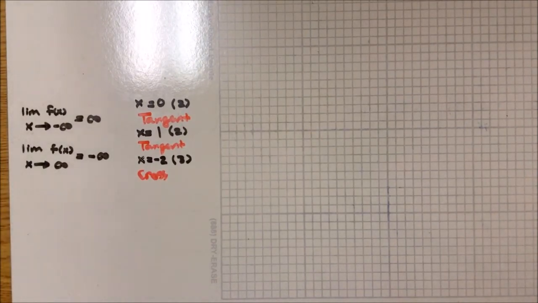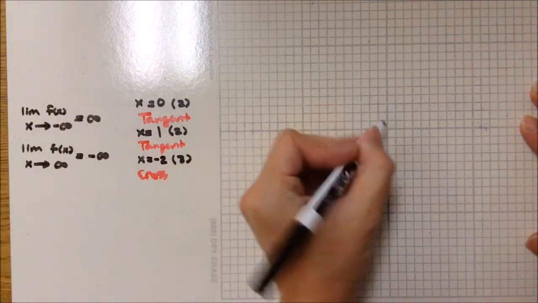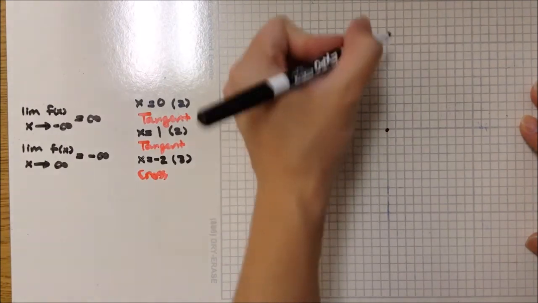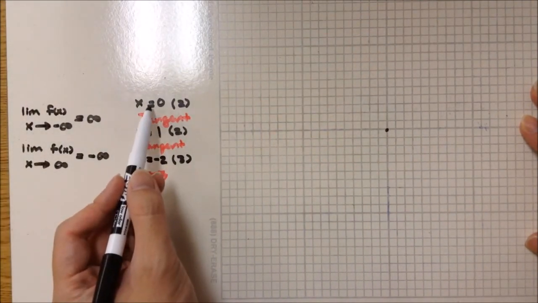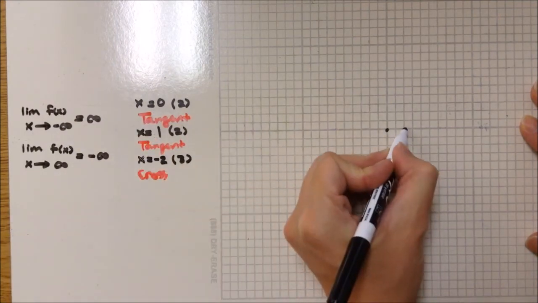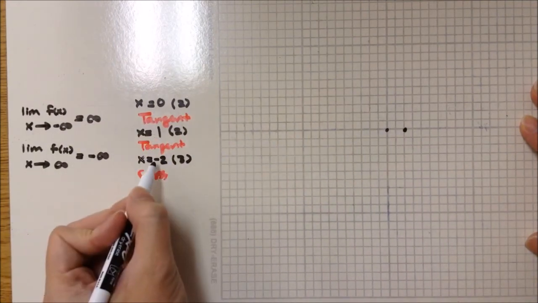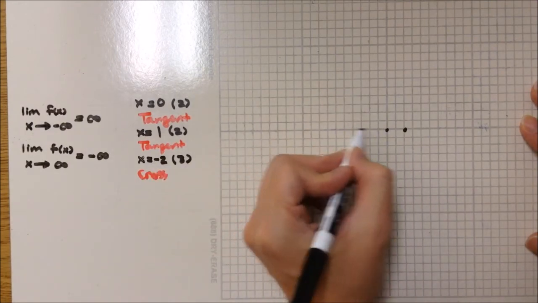Again, it doesn't have to be a perfect graph as long as it's close to it and then hits all these points. So, here's the y-axis and x-axis. So, we got 0, and then we got 1, and then we got negative 2. So I'm skipping to make a wider graph.